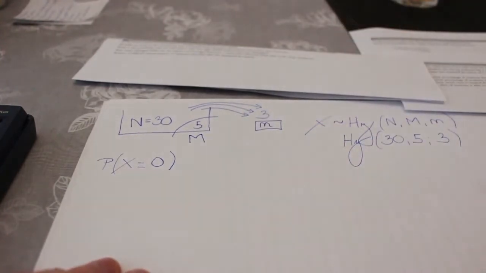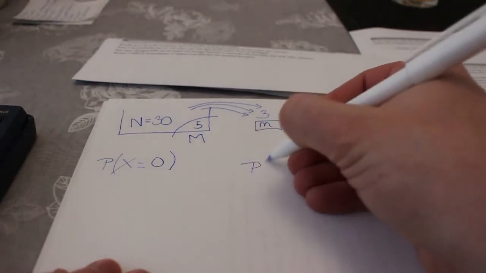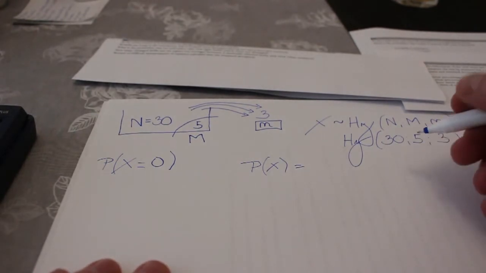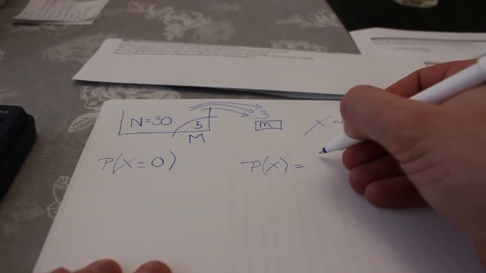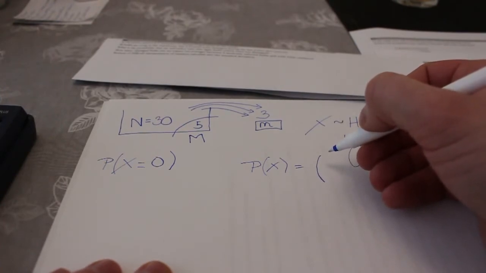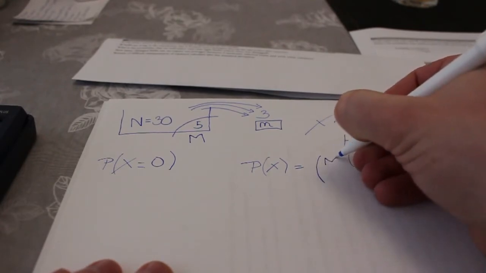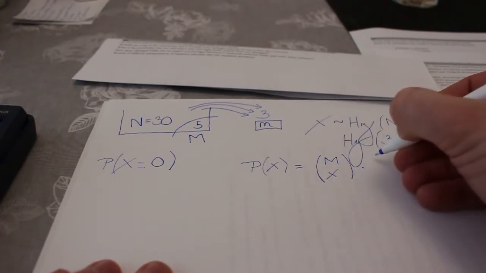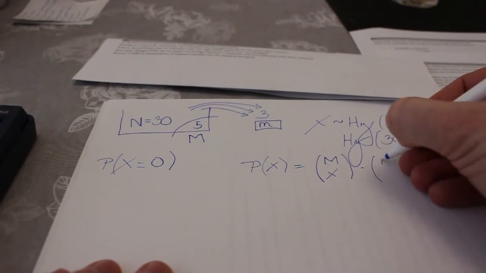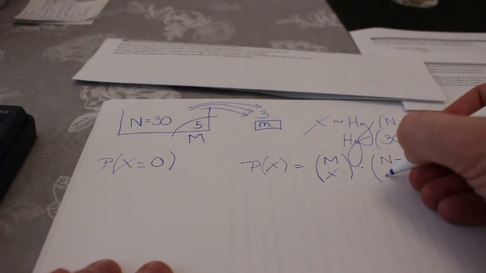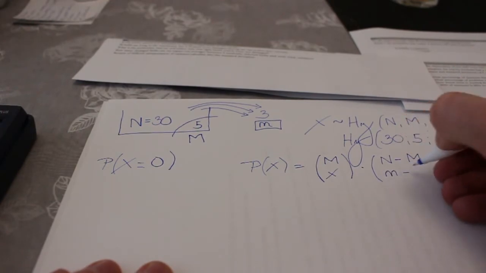So I will use your formulas. And I will write here the probability function for the hypergeometric distribution. It's a multiplication and division of 3 combination numbers. There is capital M above x, the first combination number, times second combination number capital N minus capital M above small n minus x.